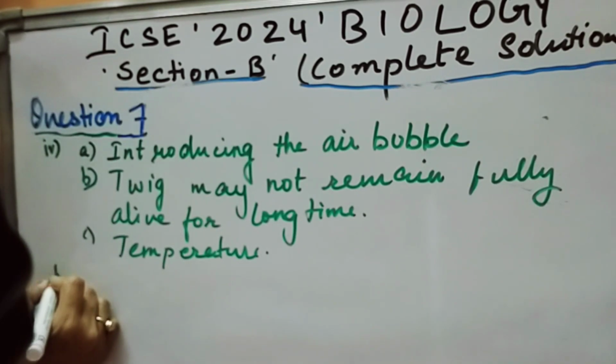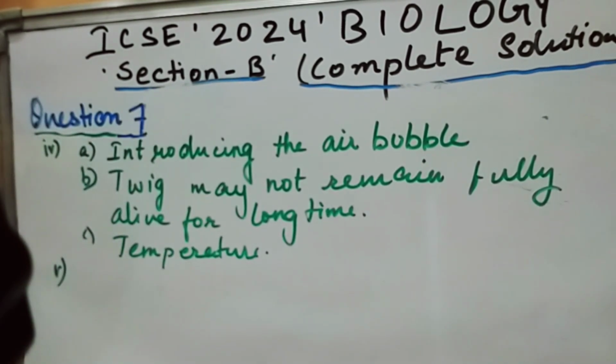The next question is, please listen to the question. A teacher drew the diagram of heart on the blackboard and told the students to copy it in their notebooks. Mahesh could not see the diagram clearly as it appeared blurred to him. So the question following it, number A, name the defect of the eye Mahesh is suffering from.